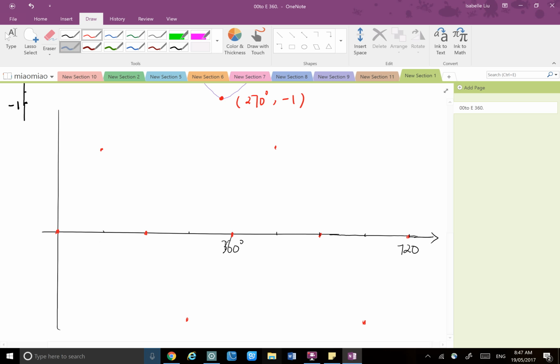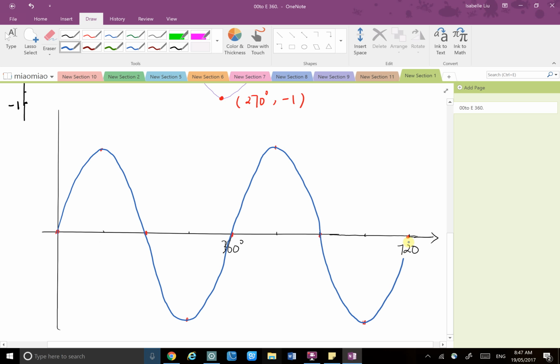So if you keep having this graph, it's just a graph like that. You just keep going for another time. Just repeat it. So the basic graph is from 0 to 360 degrees, which is here and here. This part of the graph is the basic graph, and then the next 360 degrees will repeat once for this graph, and the next 360 degrees will repeat again.